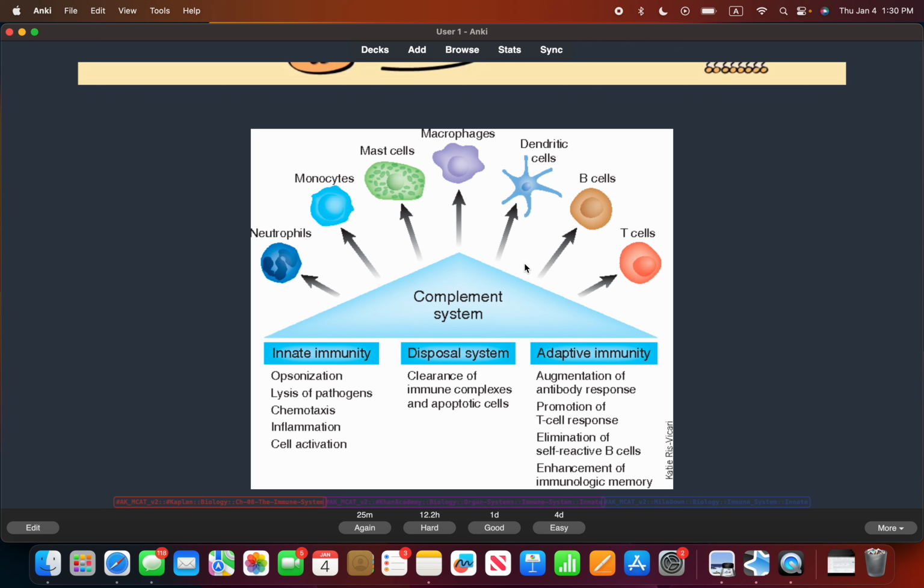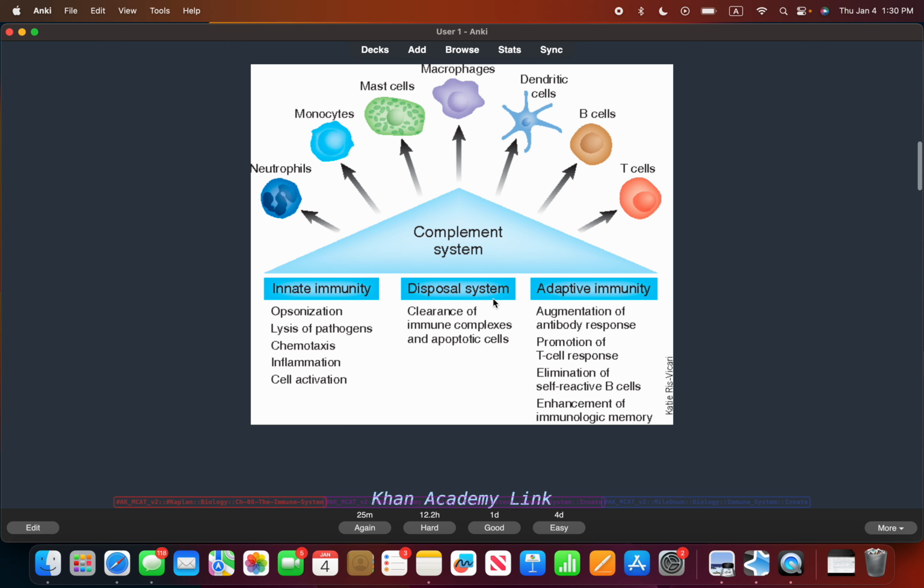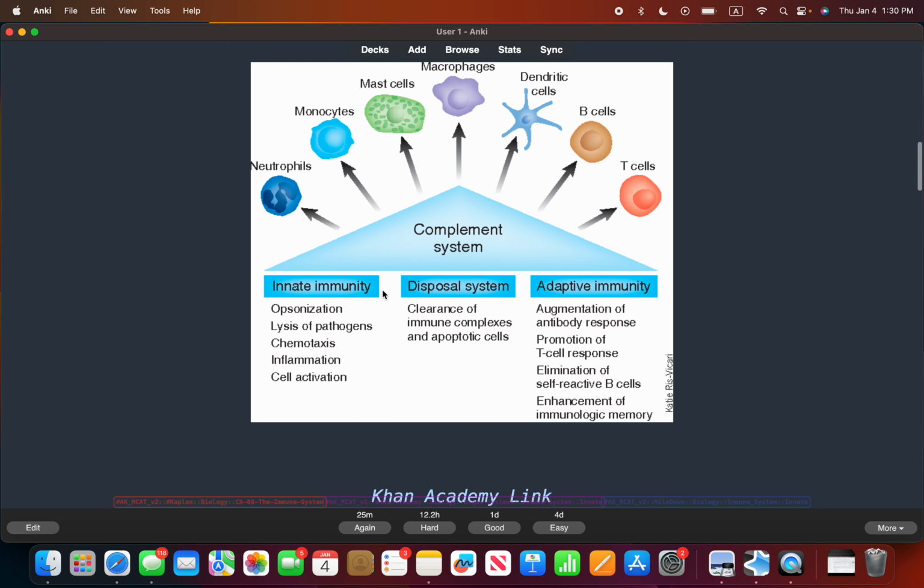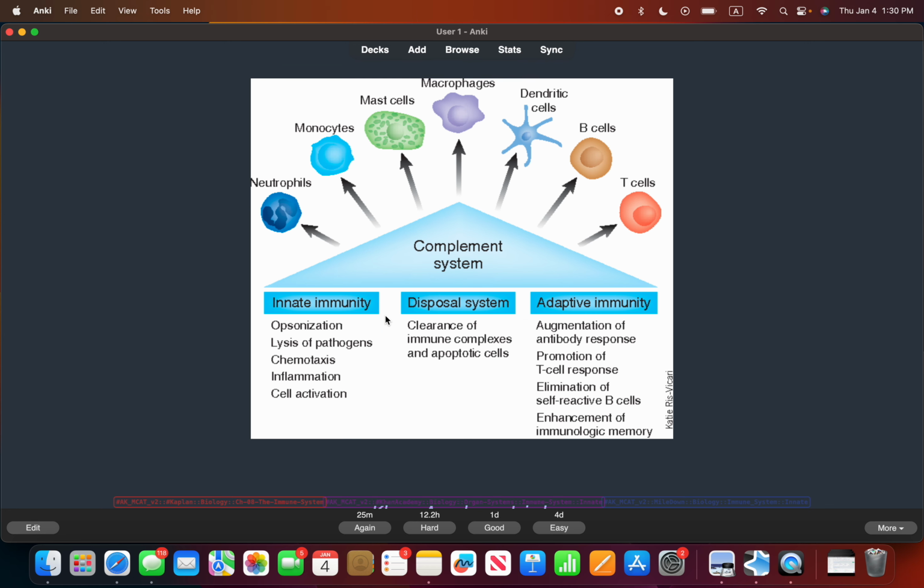So the complement system consists of neutrophils, monocytes, mast cells, macrophages, dendritic cells, B cells, T cells. It helps the innate immunity. For example, opsonization, lysis of pathogens, chemotaxis, inflammation, and cell activation.